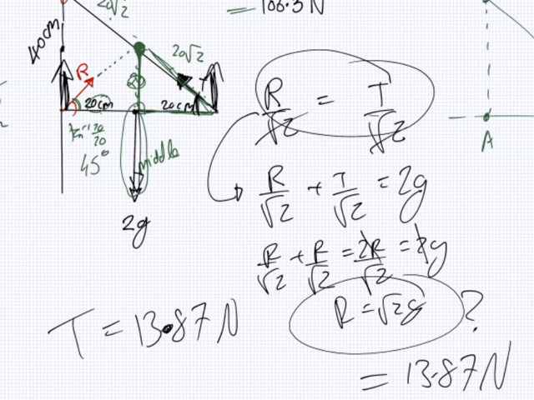But there's a complication. If I added in an extra force, like if I put a weight at the end here, then I can't do it this way anymore. Why not? The forces are more than 3.